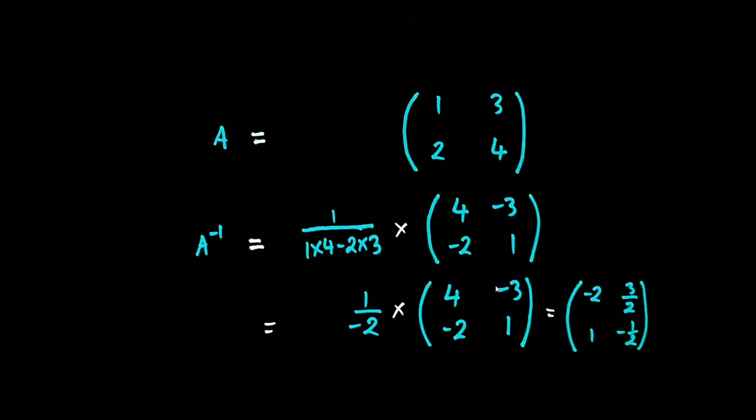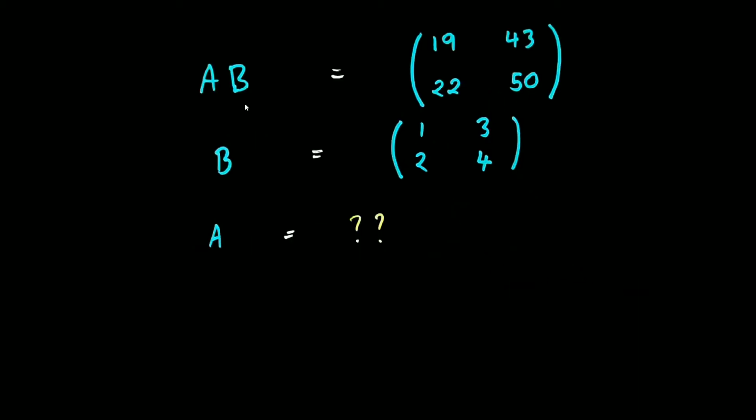Now let's look at another question. Let's say we are given a matrix AB is equal to 19, 43, 22 and 50, and the matrix B is 1, 3, 2, 4, and we are asked to find out what the matrix A is. We can't divide AB with B directly, so we'll just multiply AB with B inverse.